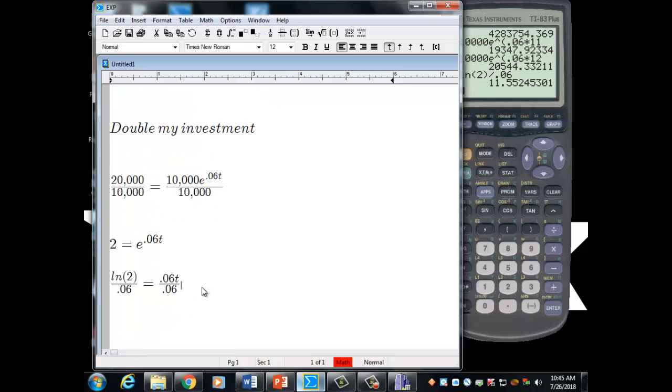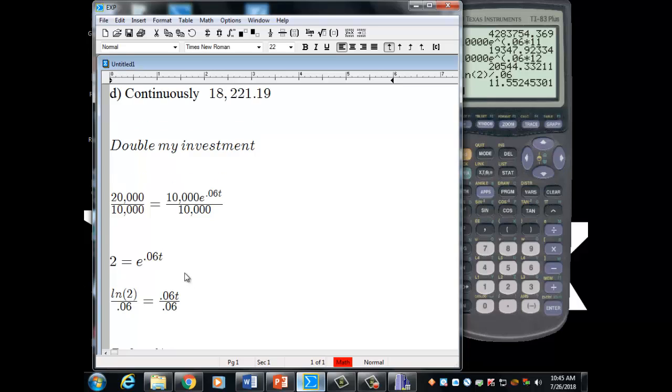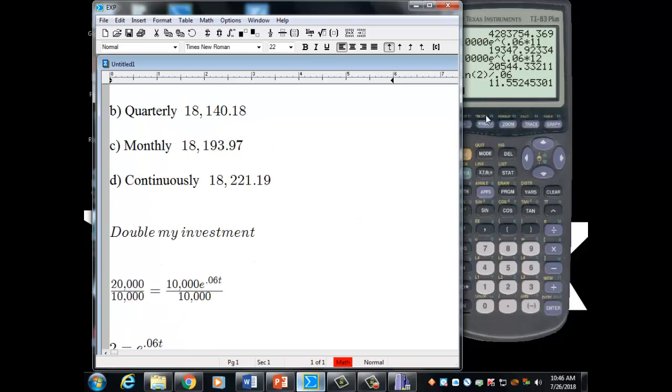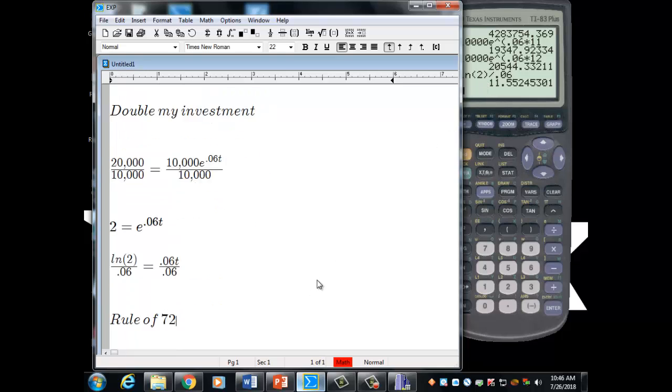Now, there's a concept called the rule of 72, and kind of an investment term. The rule of 72 simply says this: the approximate time it will take for an investment to double is 72 divided by whatever the interest rate is. So 72 divided by 6 is 12. And that's about how long it will take.